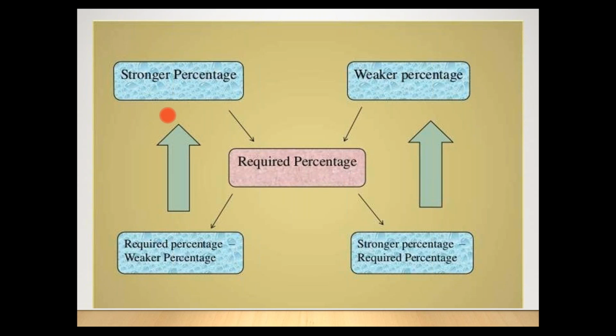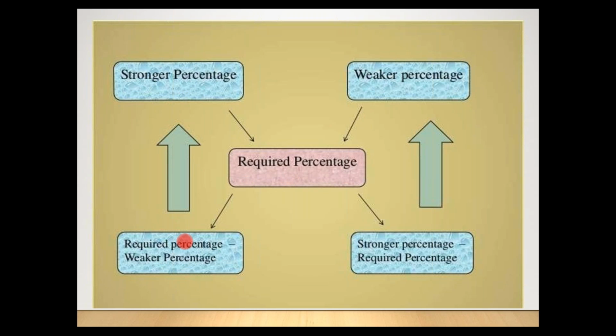So for the stronger percentage you have, if you want the required percentage, what you're going to write here, down arrow, is your stronger minus your required percentage. Okay, so that will be your weaker percentage. In the same way, here down you're going to write the required percentage minus the weaker percentage. So what you get on this side is your stronger percentage.